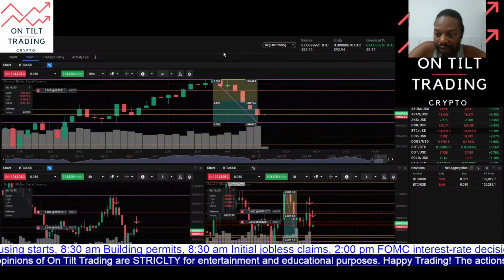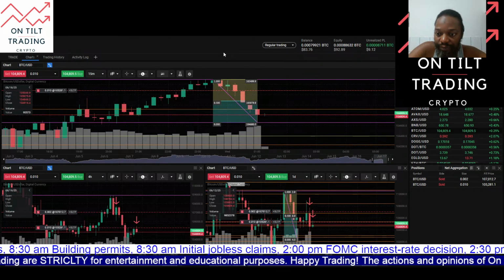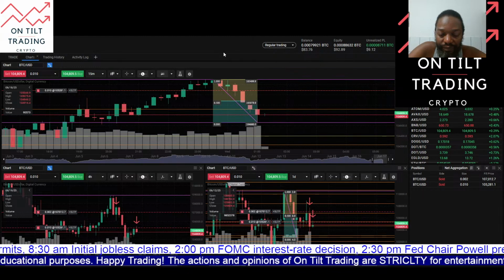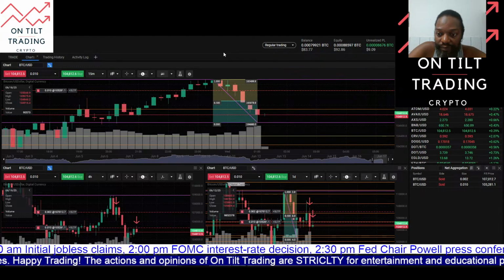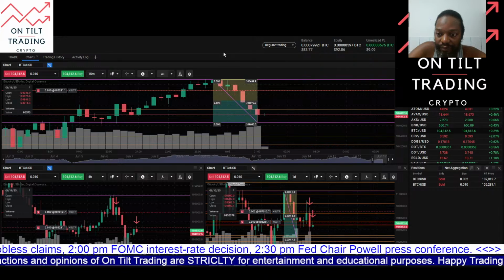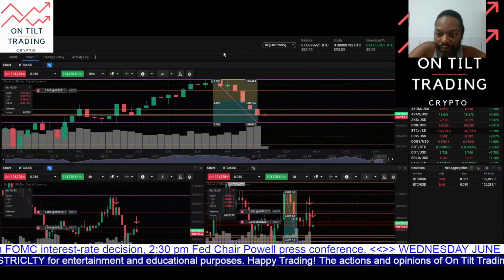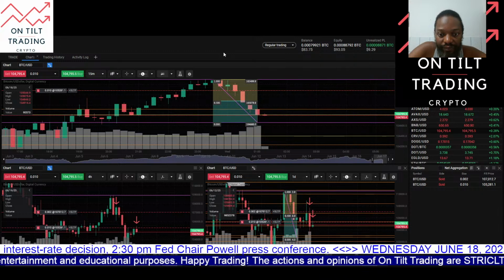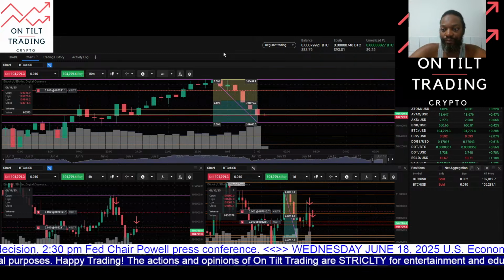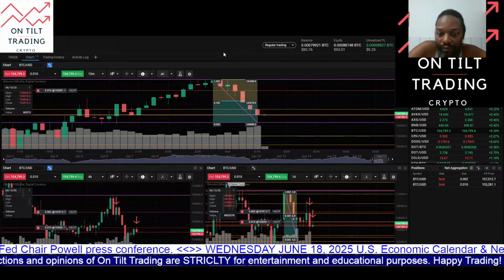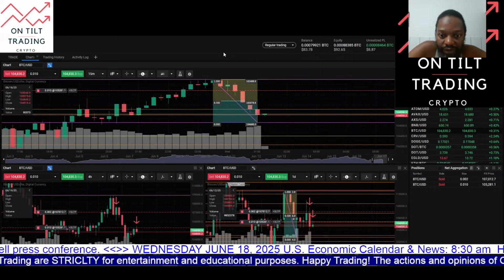Price still consolidating around this reaction level.